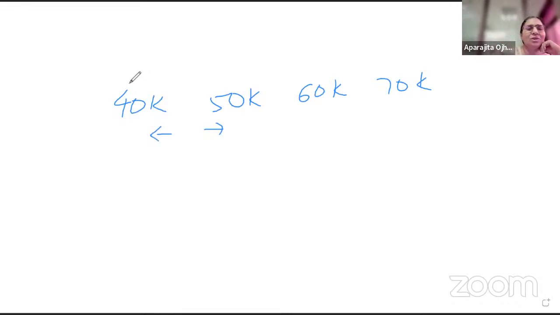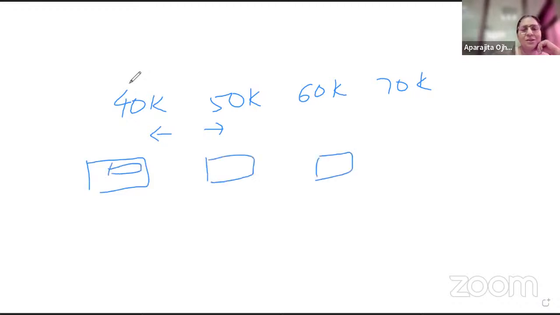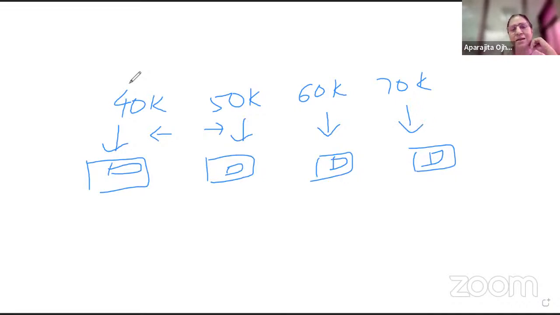So there are 4 boxes and a slit, right? Each person comes one by one, and takes the key of, so this box is 40K, this 50K box, 60K, and 70K. The person is asked to put a slip of yes or no on this slit, on this box.